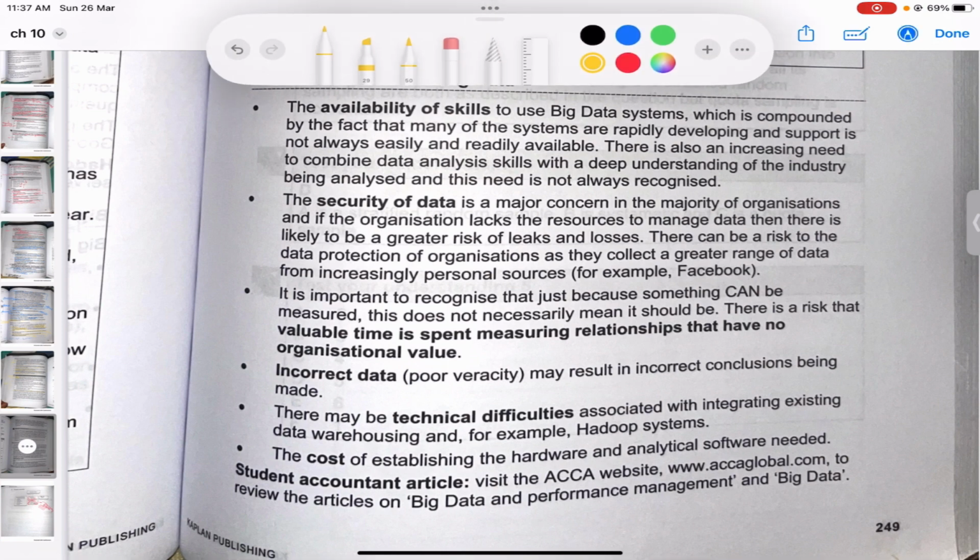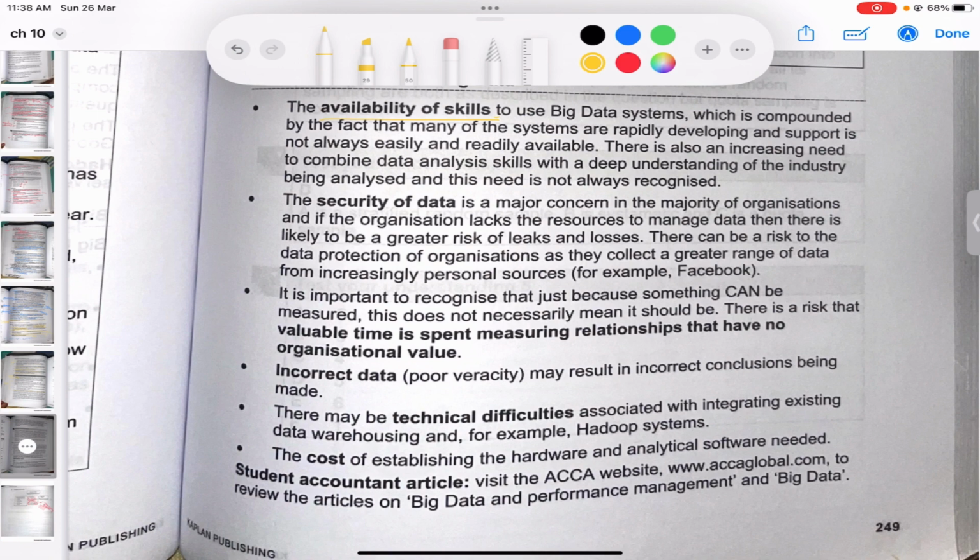The availability of skills to use big data systems, which is compounded by the fact that many of the systems are developing and there is an increasing need to combine them. You need a particular skill in order to work with big data analytics. Security of data. This is a very big problem, that we don't know how secure our data is, because it is getting stored, but we don't know who has access to our data.